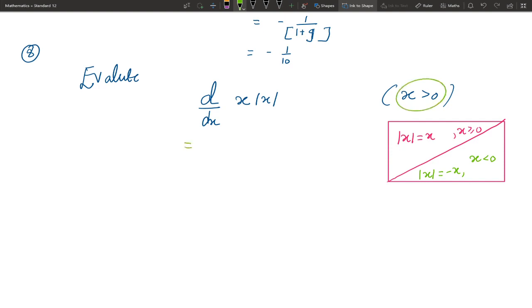So this is nothing but d by dx of x into x, since mod x equals x because x is greater than 0.